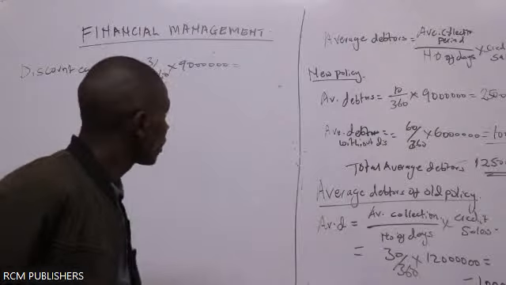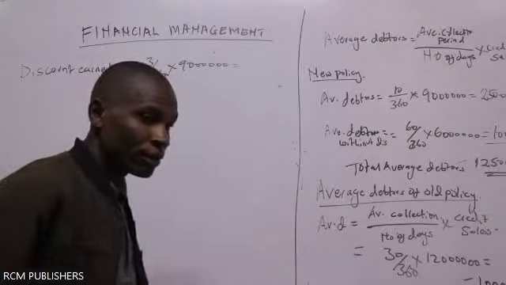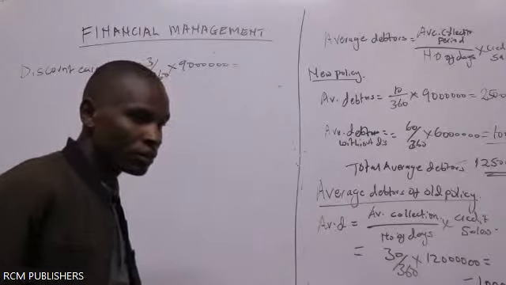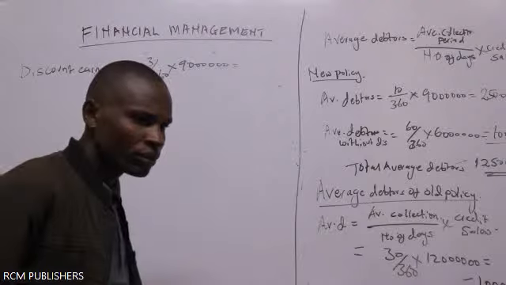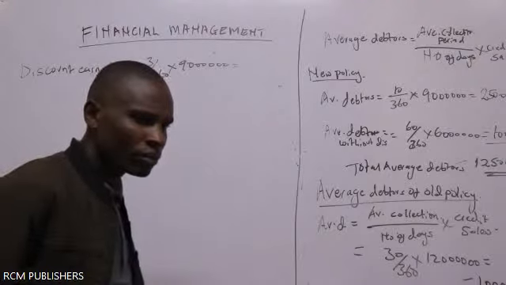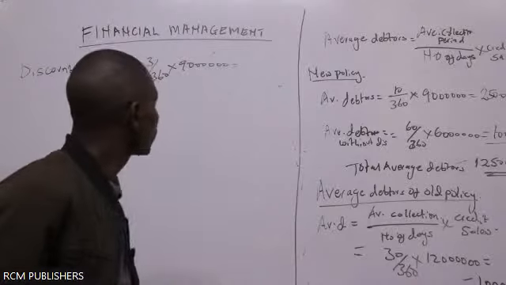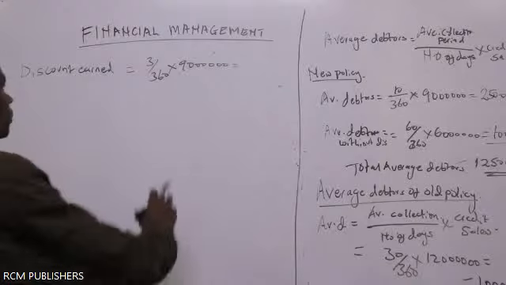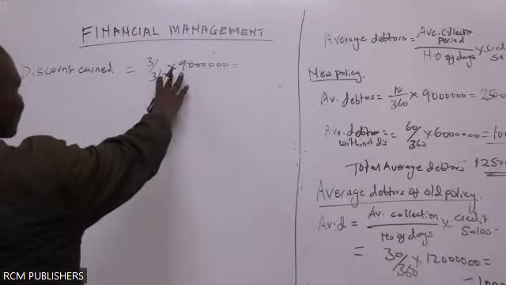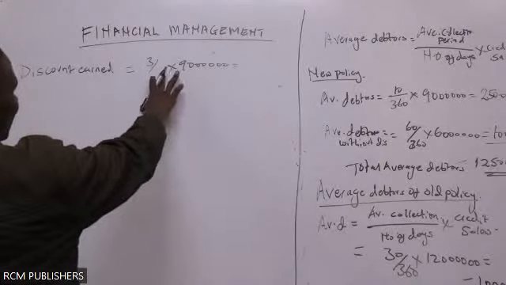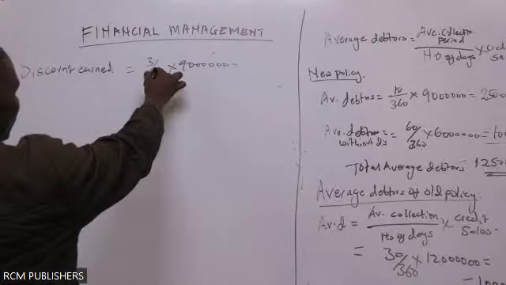75K. Oh, sorry. A discount of, as a percentage, 0.03.